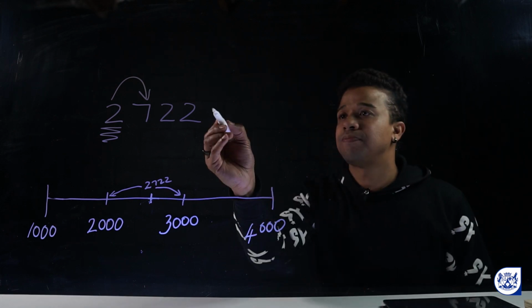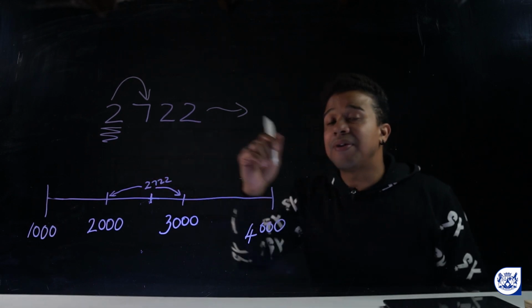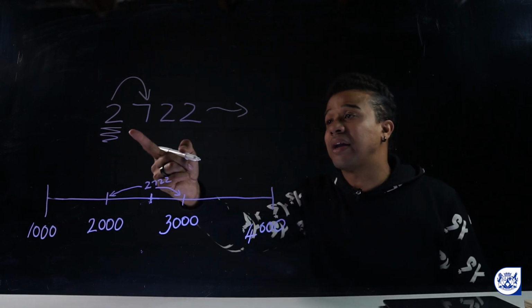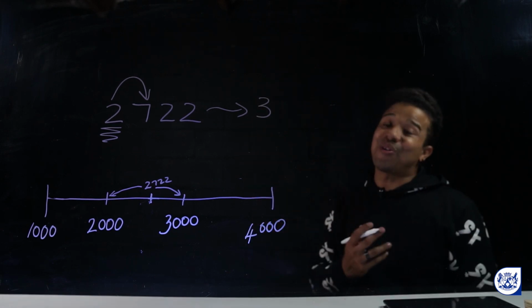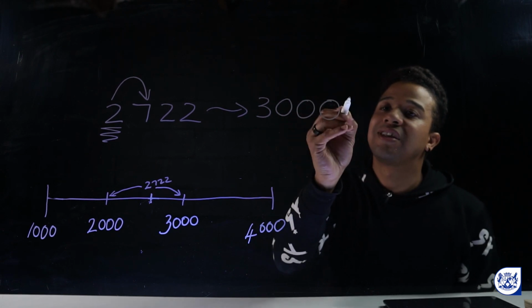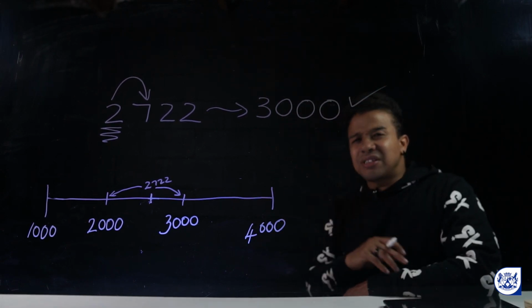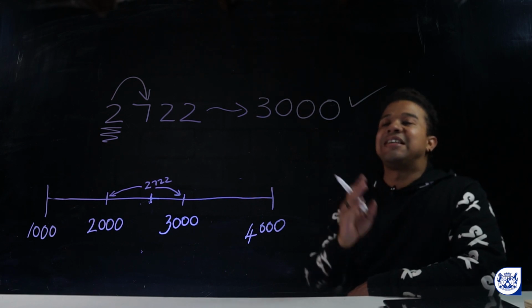Because of that, our number in the thousands place will increase by 1. So if it's a 2, it will become a 3. And all the numbers after it will become 0. So 2722 rounded off to the nearest 1000 is 3000.